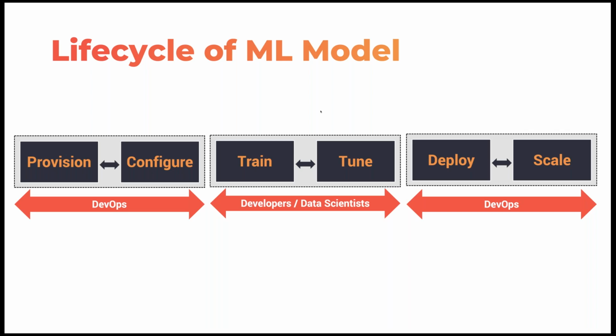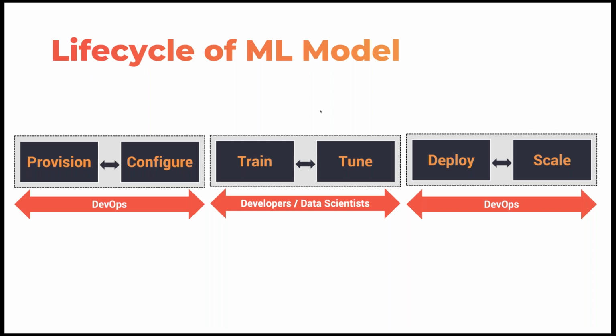Instead of the data scientist relying on the DevOps team for provisioning, configuring, or deployment, they need to be empowered with a set of APIs that they are familiar with. For example, to set up a GPU-based VM, the data scientist should have a Python API to spin up the entire environment.